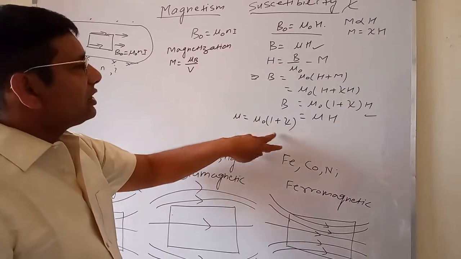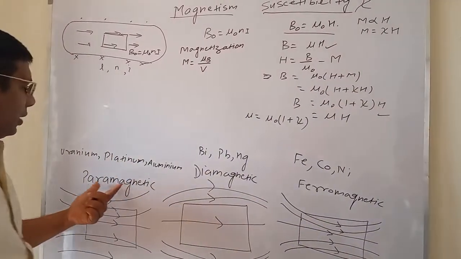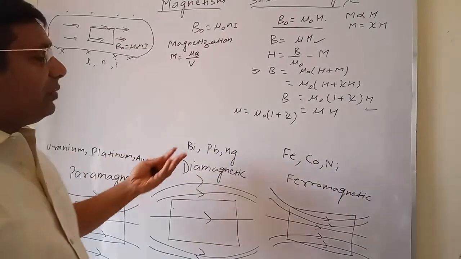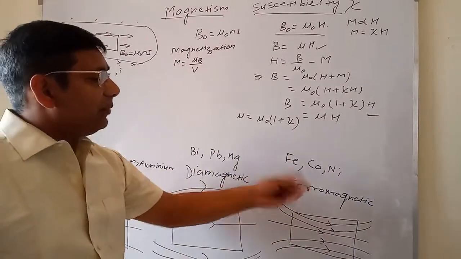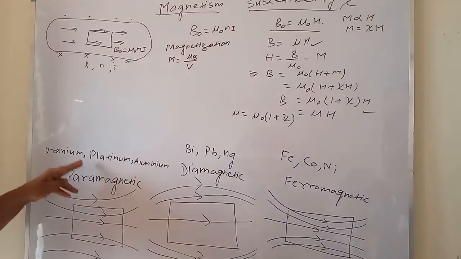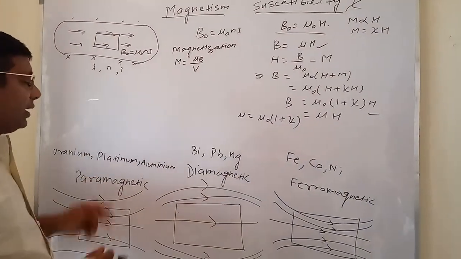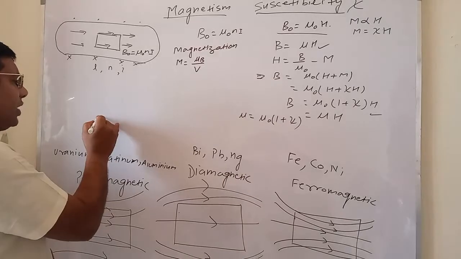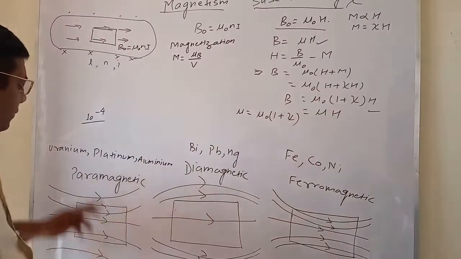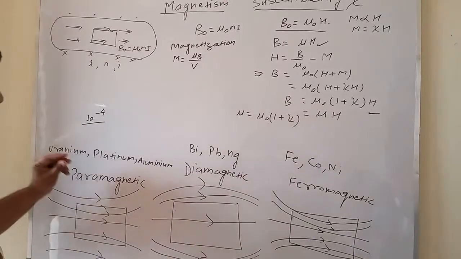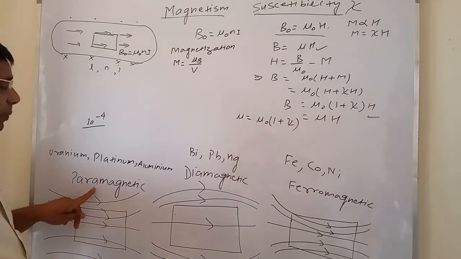With the help of this susceptibility, in the form of a number we can say when a material will be paramagnetic, diamagnetic, or ferromagnetic. If susceptibility is a positive quantity, of the order of 10 to the power minus 4, then it will be paramagnetic.